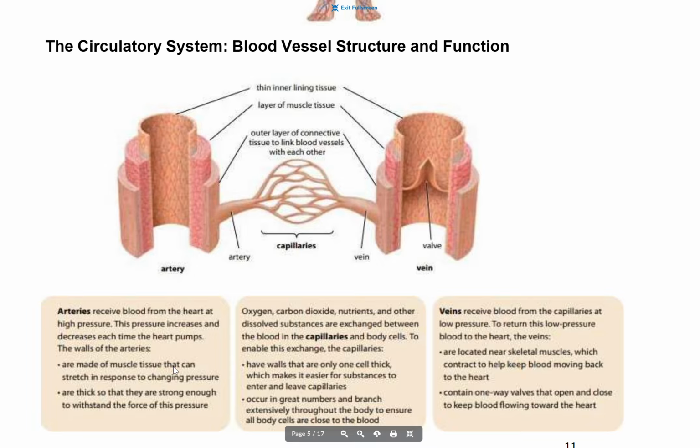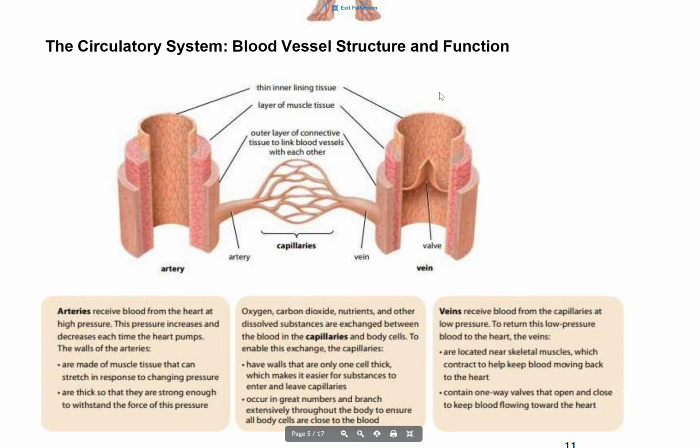So they are made of muscle tissue that can stretch in response to changing pressure. And they're thick so that they're strong enough to withstand the force of this pressure, right? So their structure with the thick muscle layer, and the thickness overall, helps them be better able to carry high pressure blood.